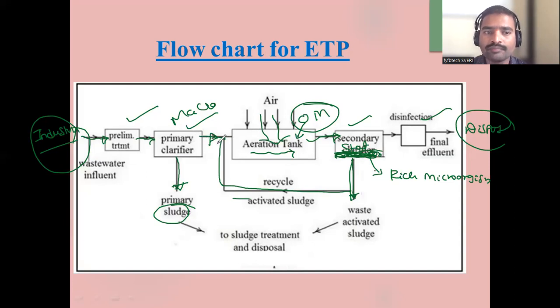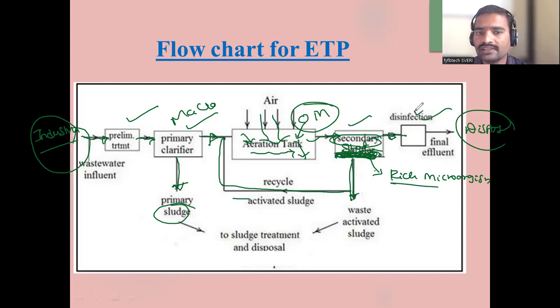Inflow water is there, so it is rich in organic matter. In order to consume this organic matter, we are recycling the sludge, because sludge is rich in microorganisms. This microorganism will consume this organic matter and form sludge. Again, whatever water is there in the secondary settling tank, that is taken into the tertiary.